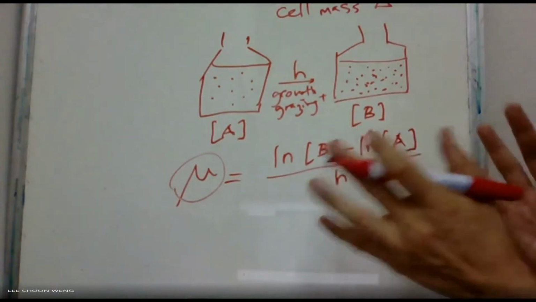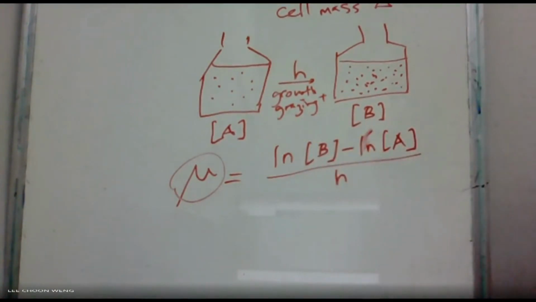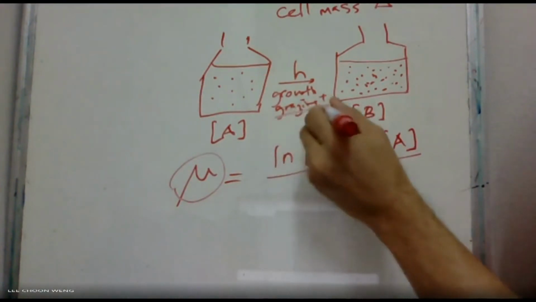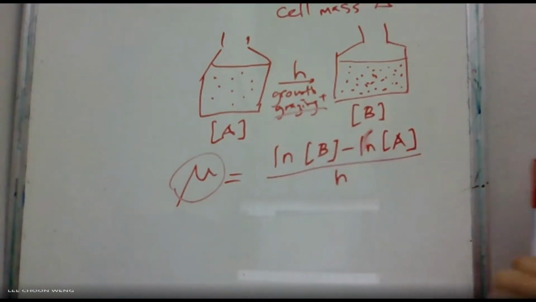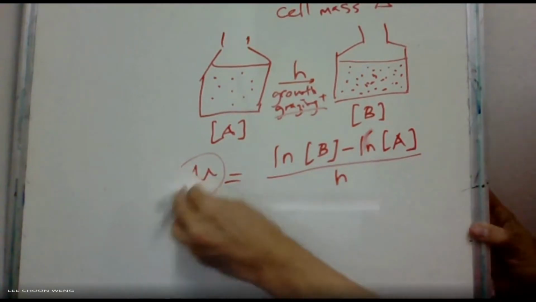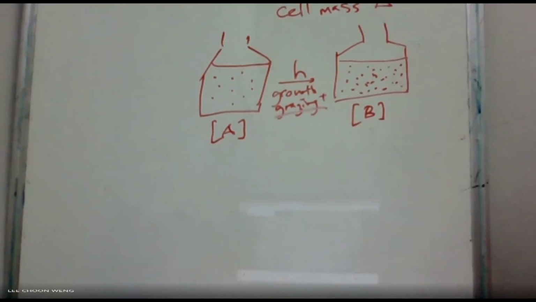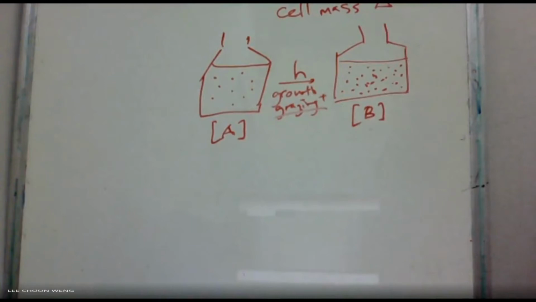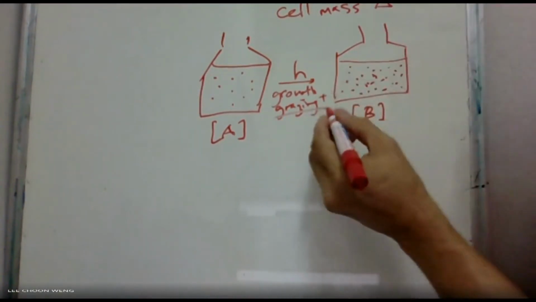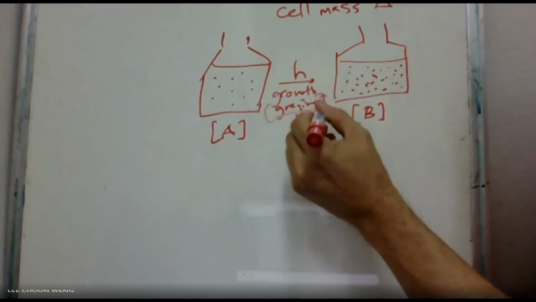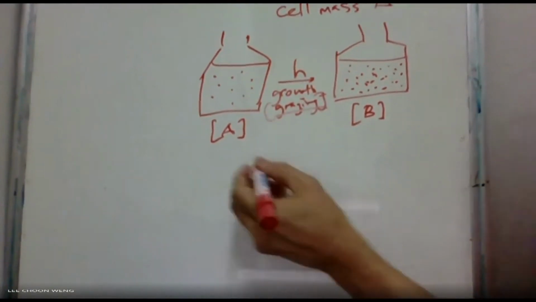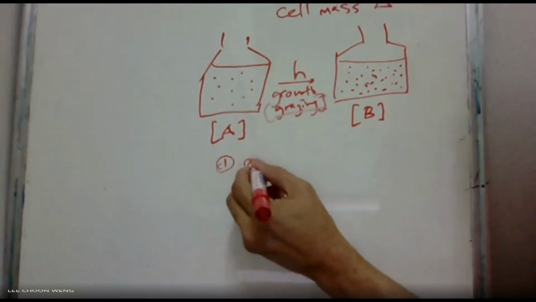So you have to do something about it. What can you do? If you have grazers inside, you have to remove the grazers. Can you remove the grazers? There are two approaches or two possibilities that you can use to reduce this grazing pressure. One is by antibiotics.